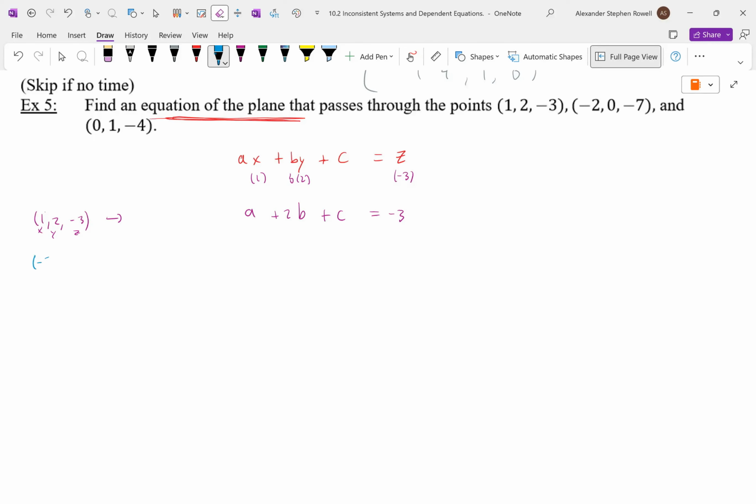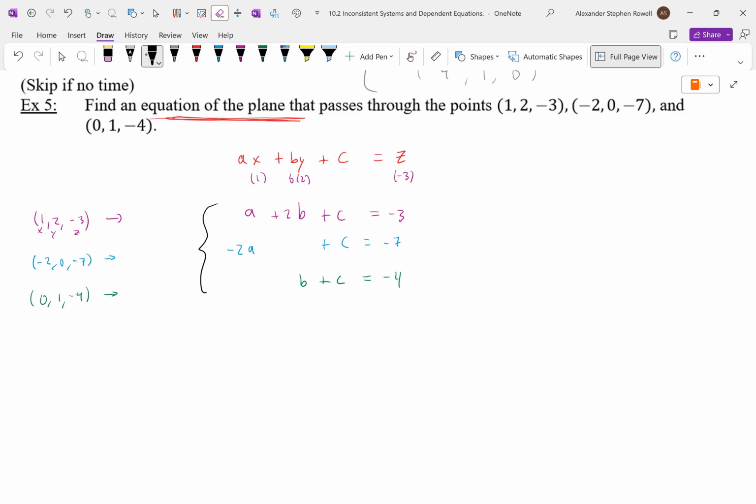Next, we do the same thing for (-2, 0, -7). So what would that equation be? -2a plus c is equal to -7. Very good. And we do that with the third point, (0, 1, -4), to get b plus c is equal to -4. So we have a system of three equations with three unknowns.